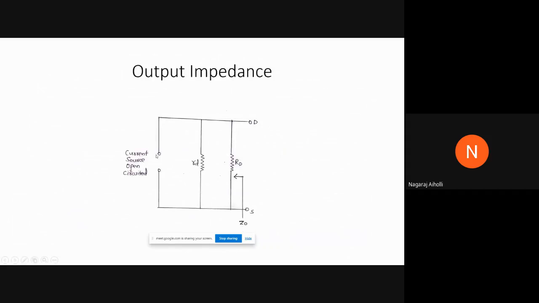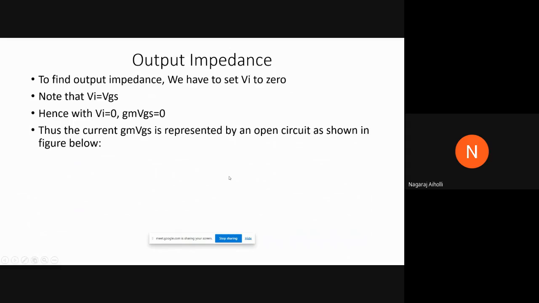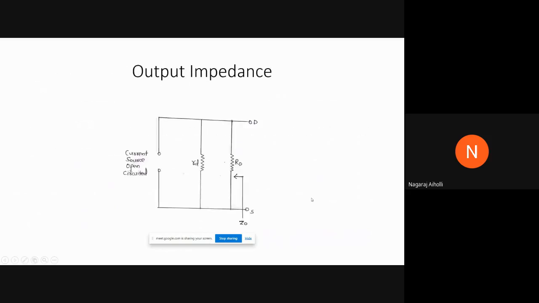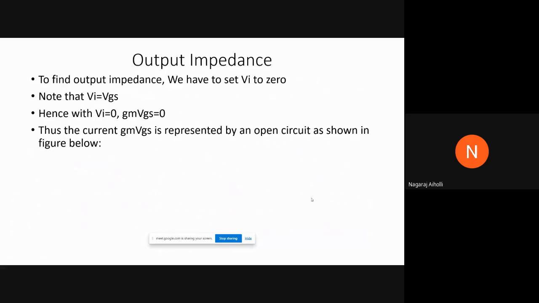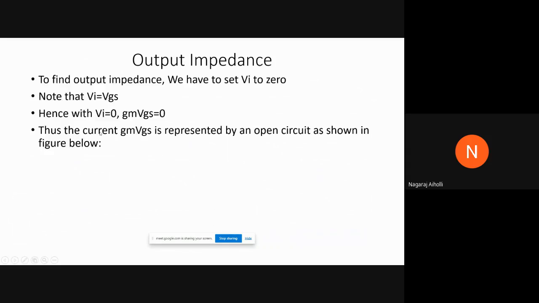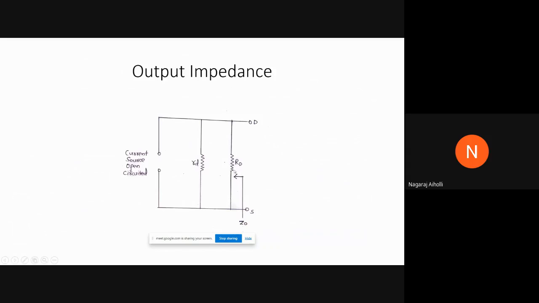The current source is open circuited and we have only small rd and capital RD in parallel. Accordingly, the equation for the output impedance Zo is given by small rd parallel capital RD. The parallel combination of small rd and capital RD will give the value of the output impedance. Correct?